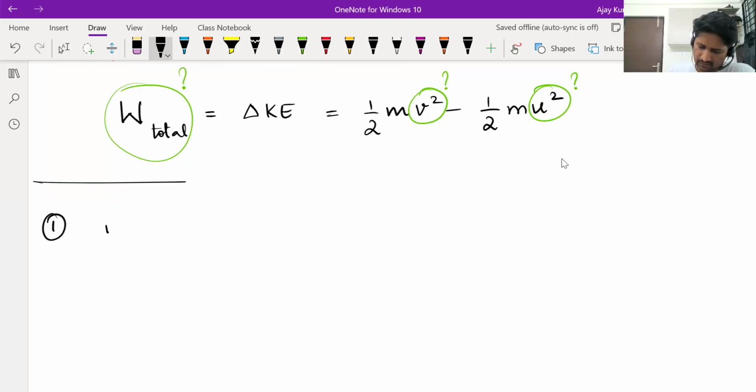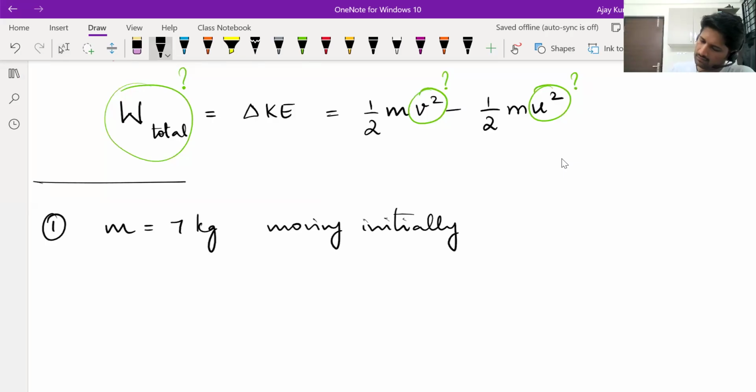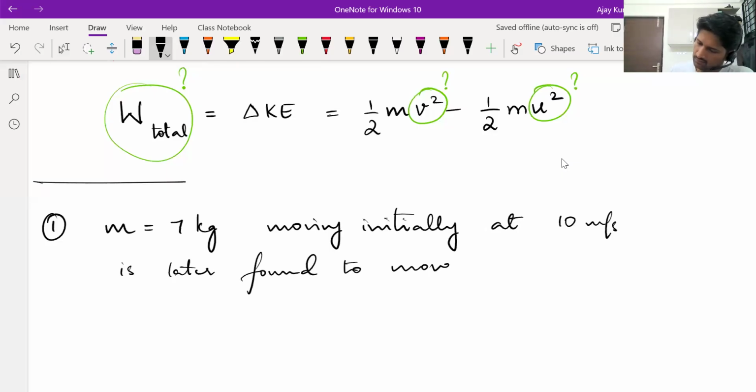An object of mass, let's say 7 kg, one direct question, moving initially at a speed of say 10 meters per second is later found to move at say 6 meters per second. Calculate total work done on this object.